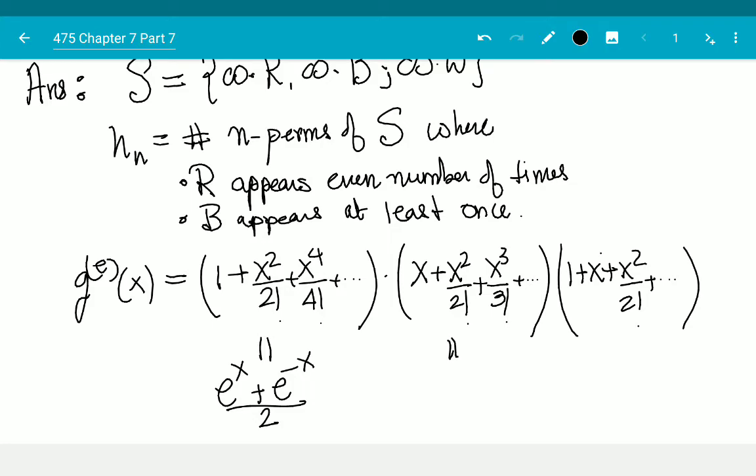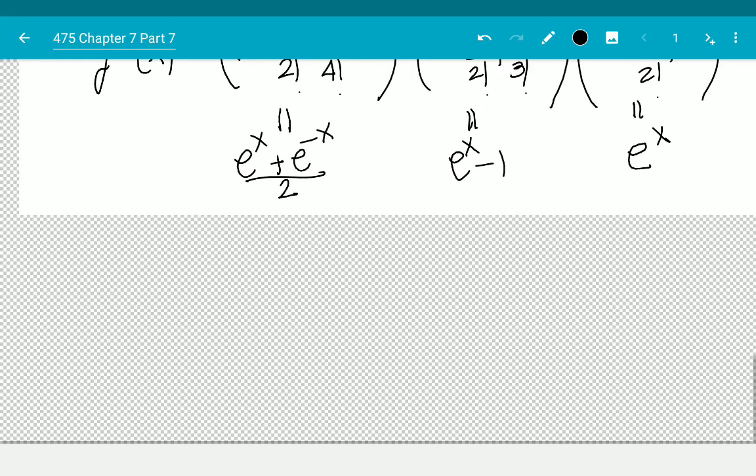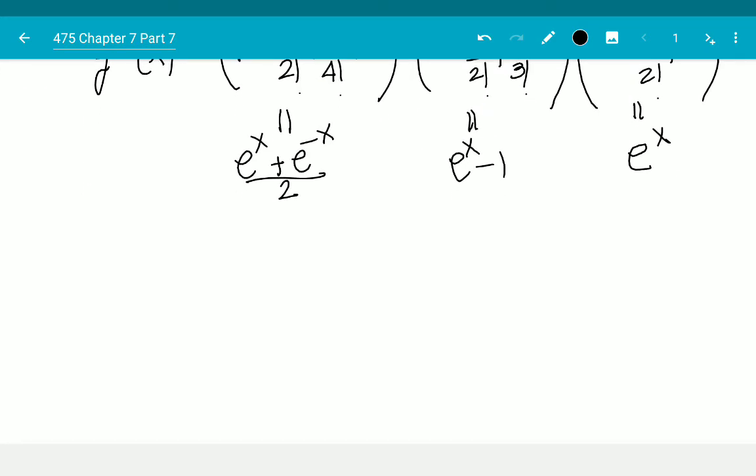The blue factor is equal to e to the x minus 1, and the white factor is my nice and easy e to the x. All right, and so the product of all of these is e to the 3x minus e to the 2x plus e to the x minus 1, all over 2.